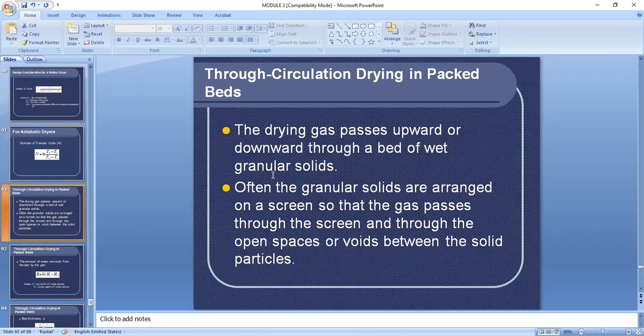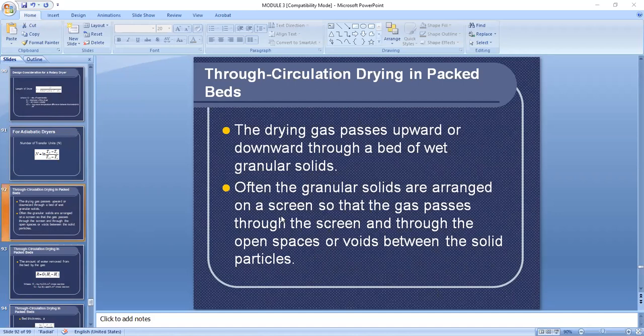Now, we also have through circulation drying in packed beds. This topic can only be read from Geankoplis. I haven't read this in McCabe; it is not available in McCabe. So I place it here because it's also important. This is drying wherein the drying gas passes upward or downward through a bed of wet granular solids.